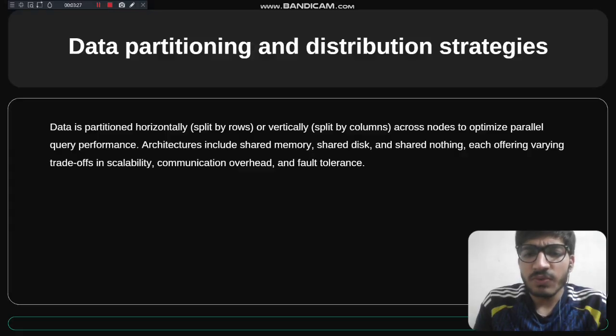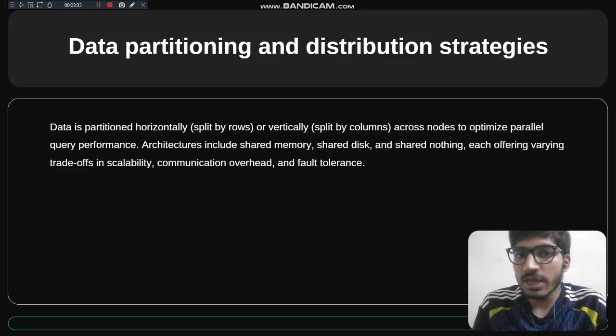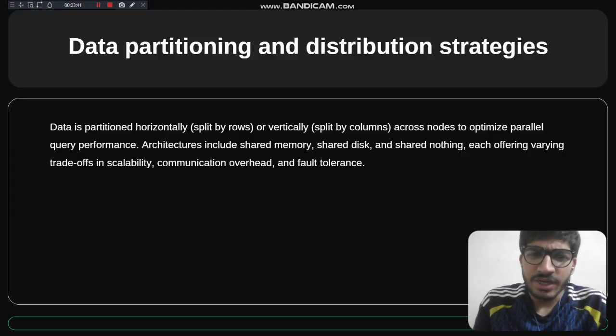Without partitioning, one processor handles everything, which is slow, and with partitioning, many processors handle the small parts together, which gives a faster application. So, why is data partitioning needed? It improves performance. Smaller data per processor equals faster operations.